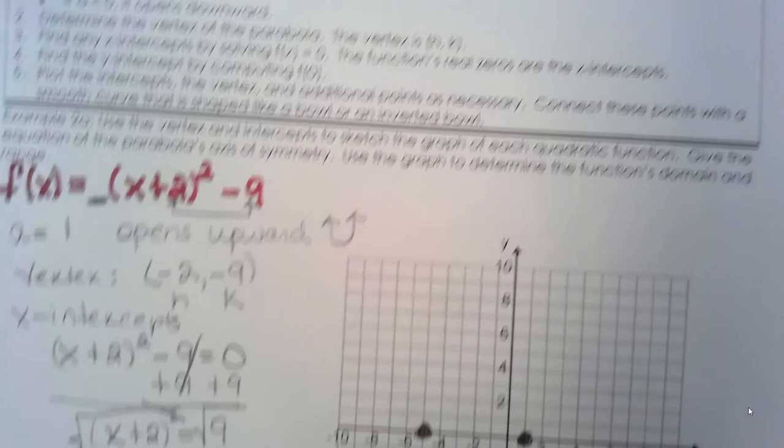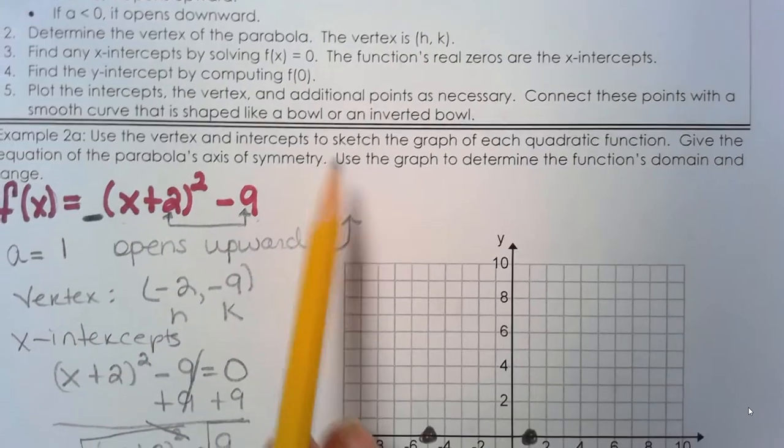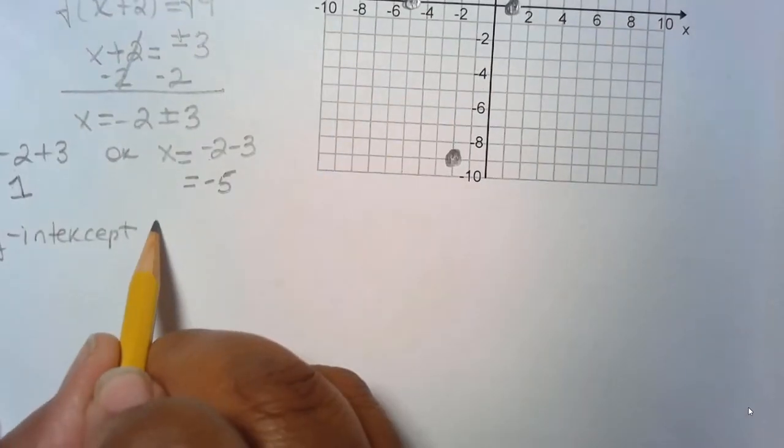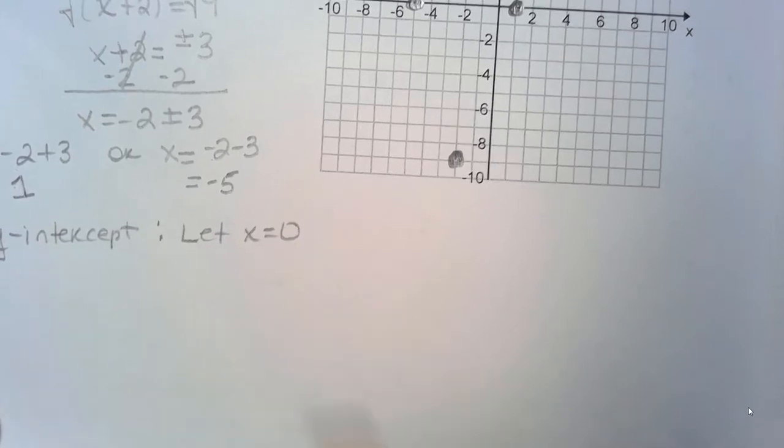It says here, find the y-intercept by computing f of 0, meaning we're going to take our equation and let x equal 0.